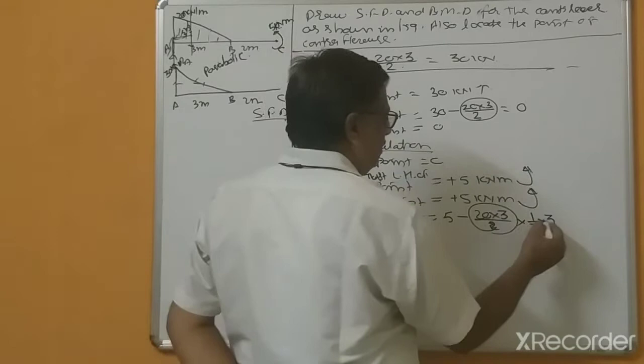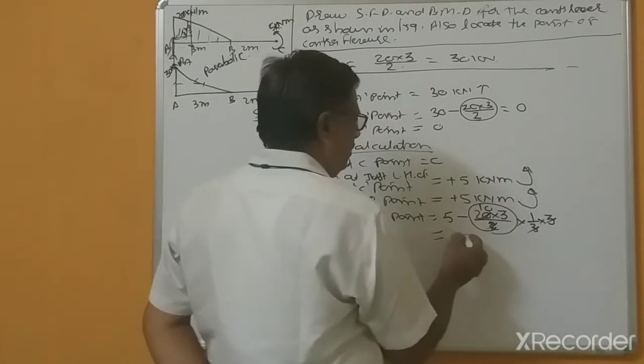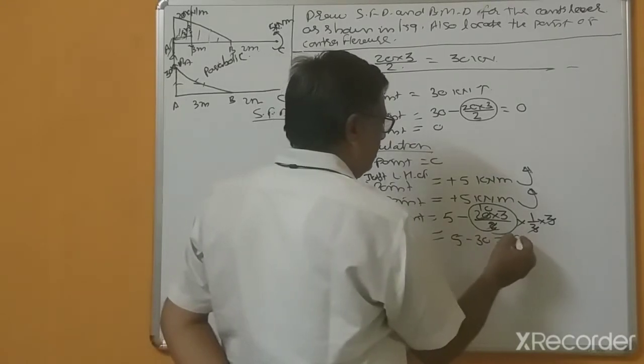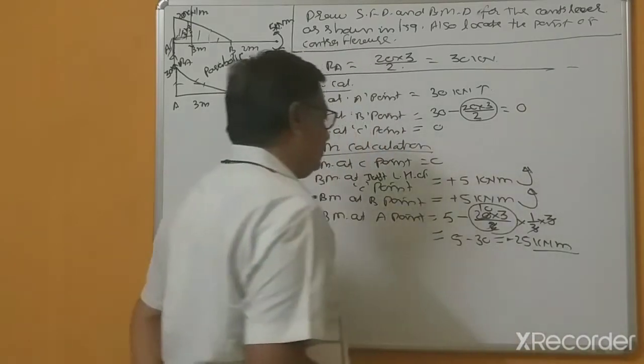So this 3 will get cancelled, and 30 minus 5 equals minus 25 kilonewton meter.